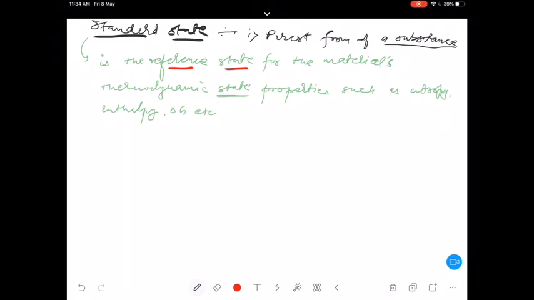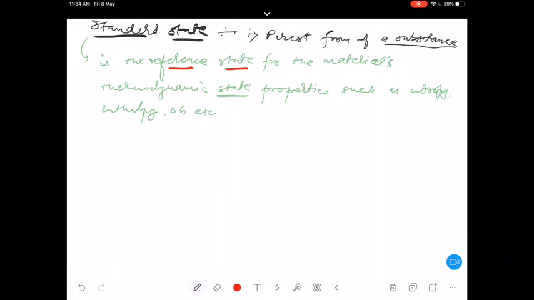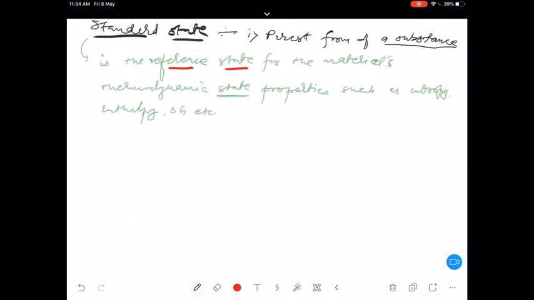So basically we are saying that standard state is nothing but the elemental form of a particular substance. Now standard heat of formation or standard Gibbs free energy change, we consider it as 0 for elemental forms only.